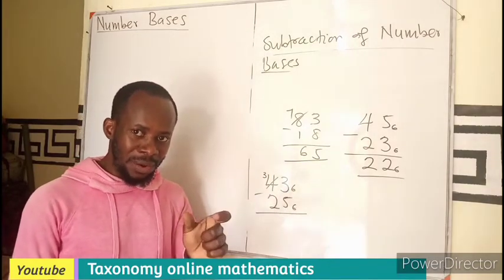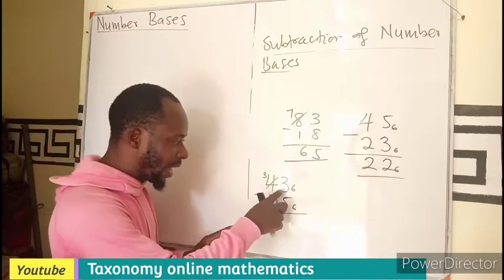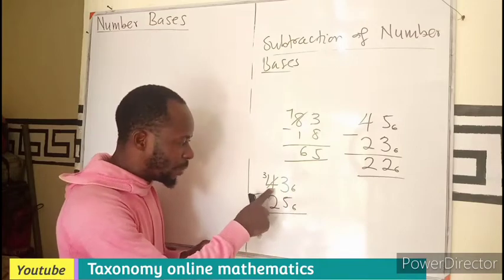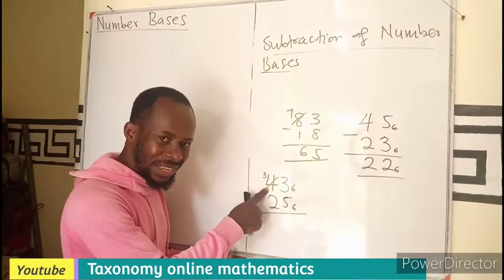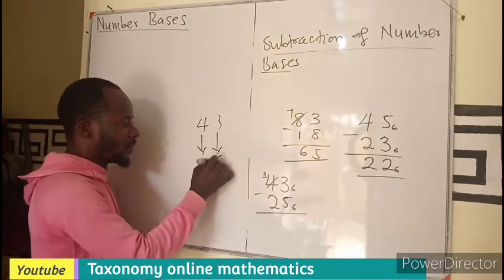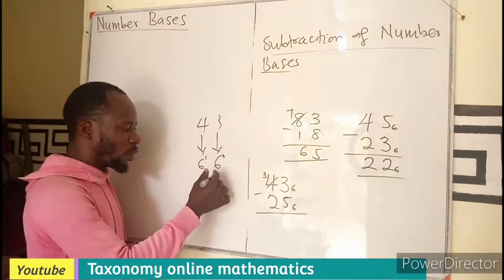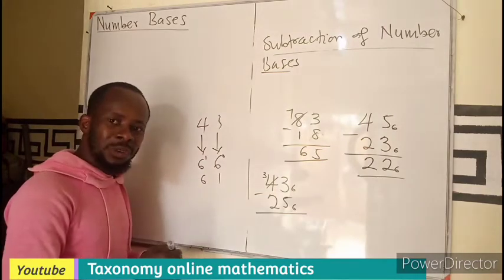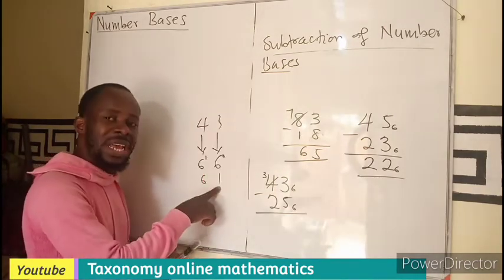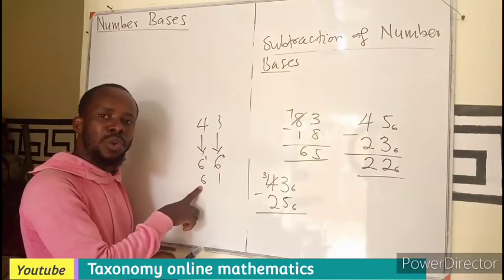Do you get the concept now? I am borrowing from here, as the place value of this is 1s. The place value of this is what? 6. You remember? 43, move down, 6 to the power 0, 6 to the power 1. Place value is 1, and this is 6. So if I'm borrowing from this direction, I am borrowing 1s. If I'm borrowing from this digit, I am borrowing 6.